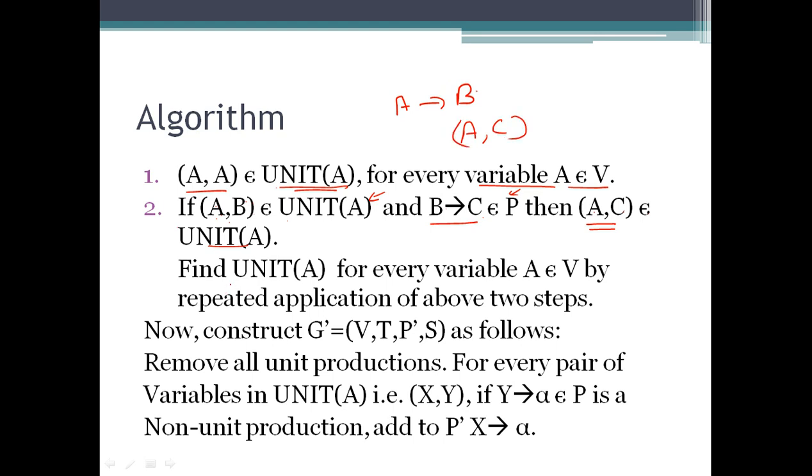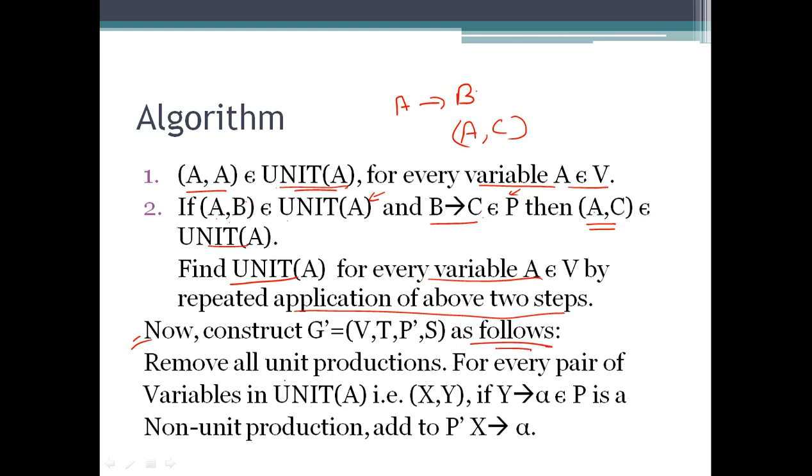We have to find unit of A for every variable A belonging to V by repeated application of the above two steps. Now we have to construct G prime, that is V, T, P prime, S, as follows.